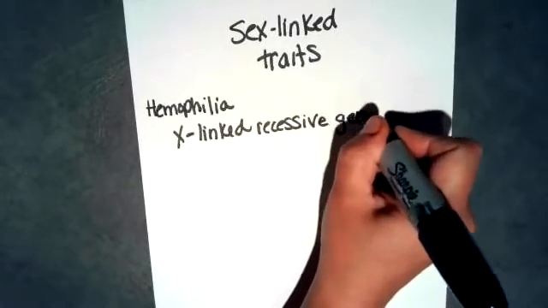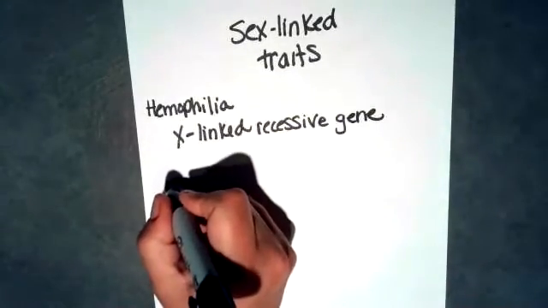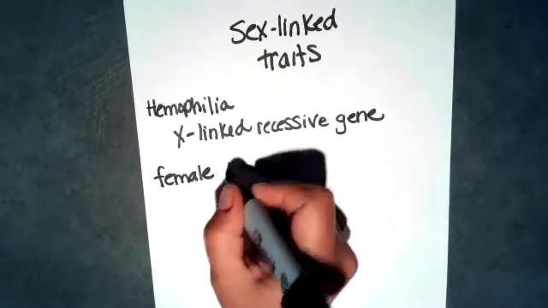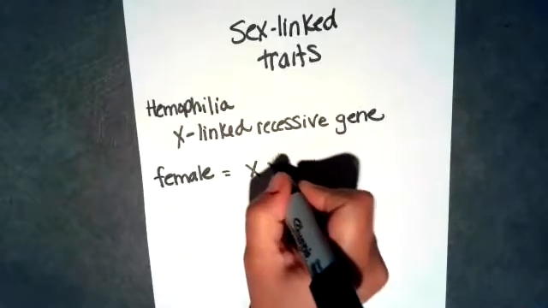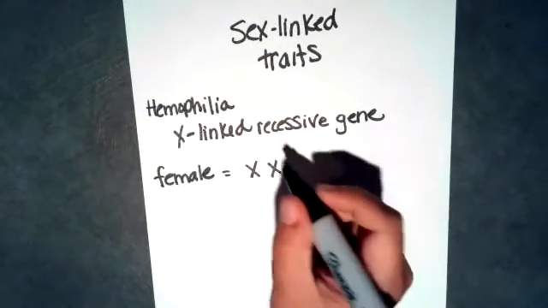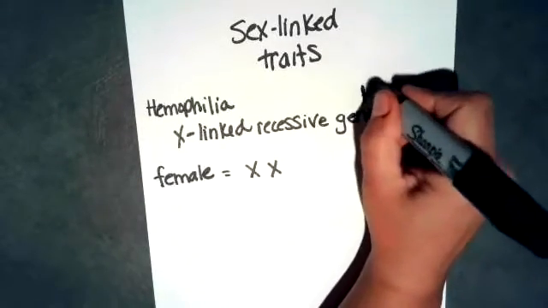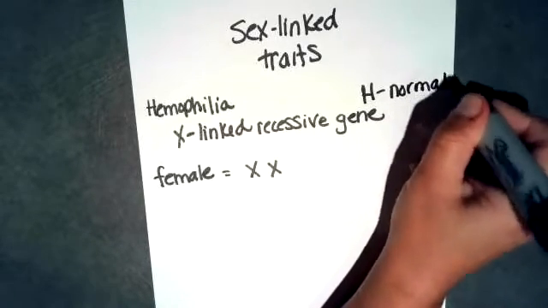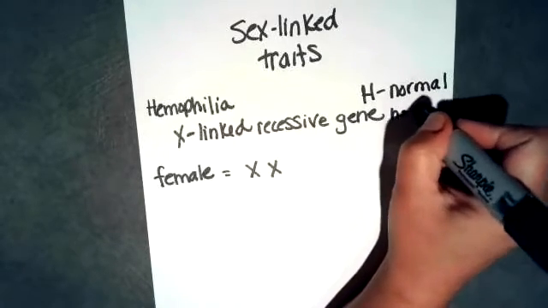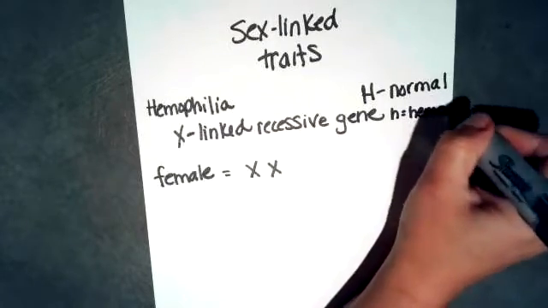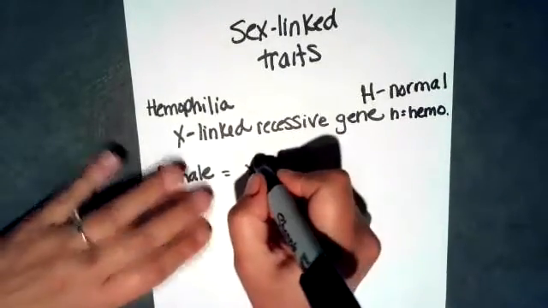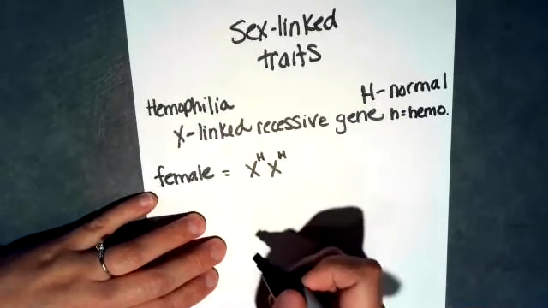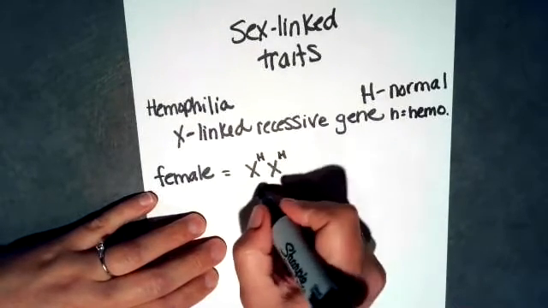Okay, so here's what that means. Let's take a female. Remember, females are two X's. So a female could be, and we'll do capital H for normal and little h for hemophilia, homozygous dominant, so they could have a capital H on each one of their X chromosomes.